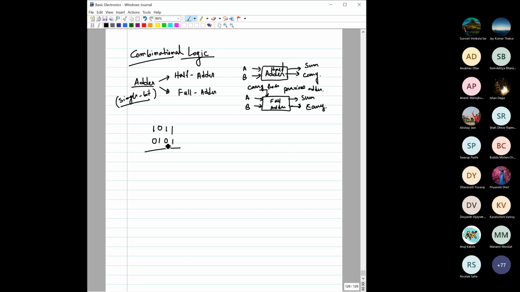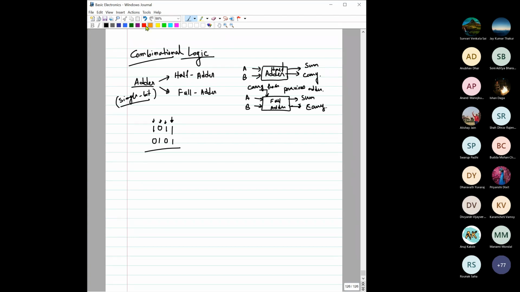Suppose we have to add these two, right? So how many adders are required? This half adder or full adder can add only one bit. So if you want to do all this addition in parallel, we need one for this, a second one for this, a third one for this, a fourth one for this. So we basically need 4 adders.